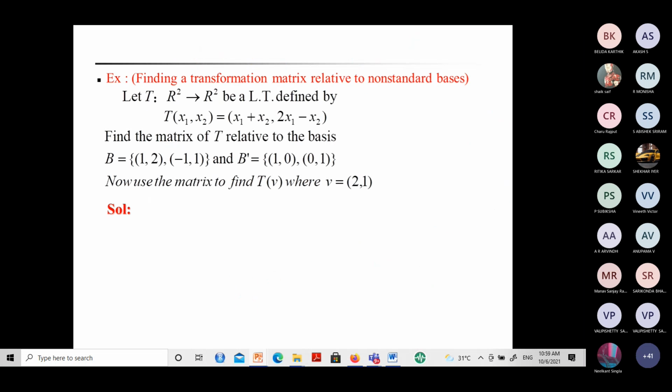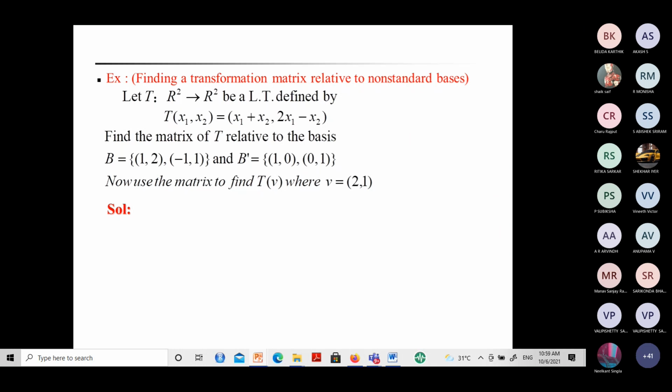Can you please take down this question? Let T be a linear transformation from R square to R square defined by this. Find the matrix relative to the basis and use that to find T of v.